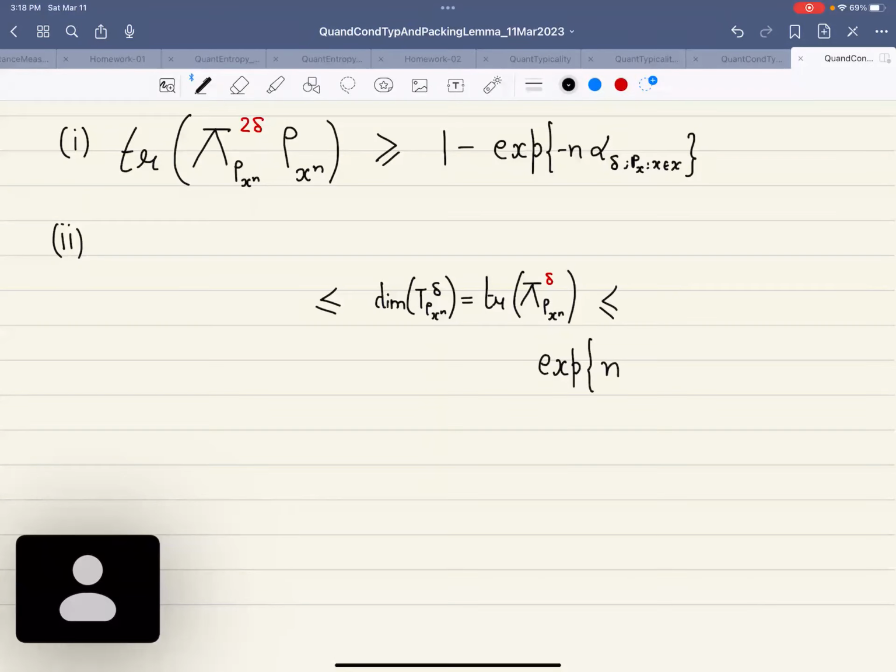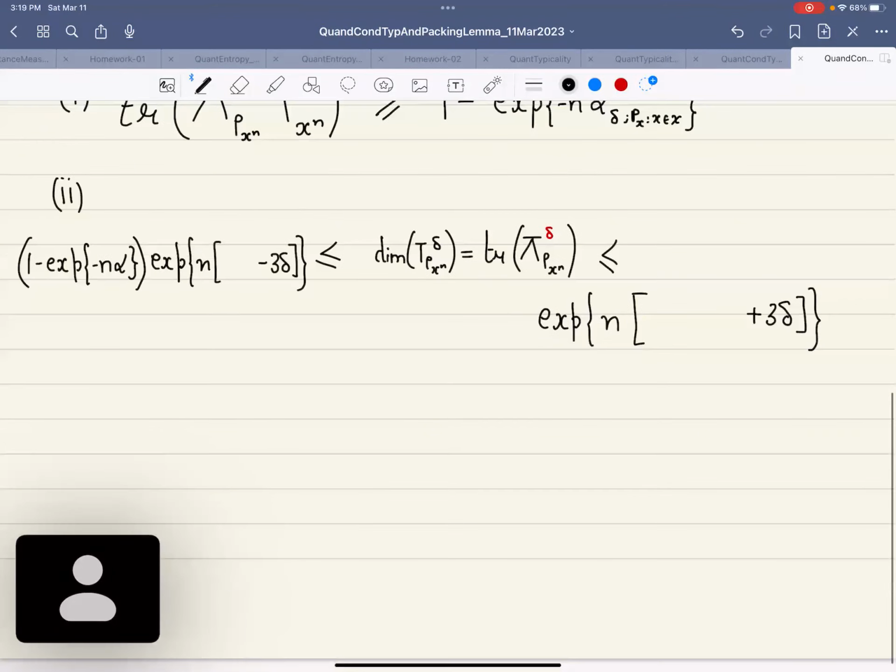Exp n times something plus 3 delta, just for correctness. And here I have 1 minus exp minus n times alpha, that same alpha, I'm not going to write the subscripts, exp n times something minus 3 delta.